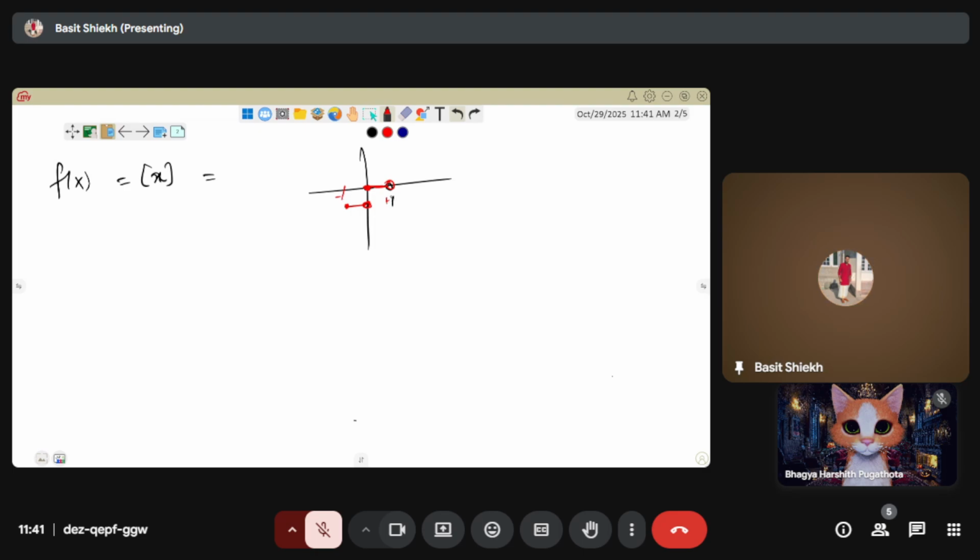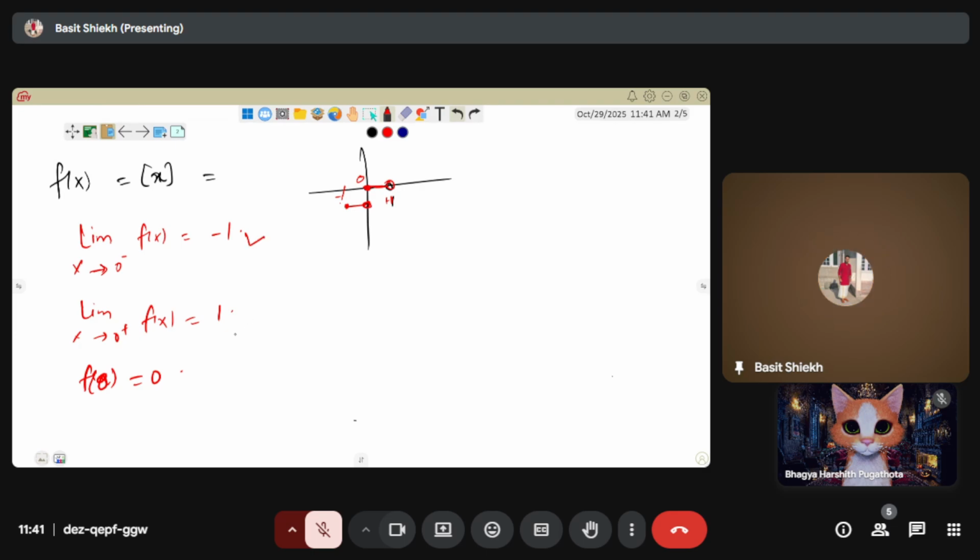This is first, and this is if we take limit x going to 0 minus, then f of x will give us minus 1. If we take limit x going to 0 plus, f of x will give us plus 1. And what is the functional value? F of 0 is 0.